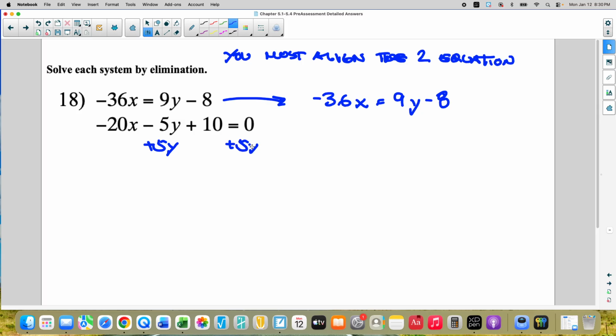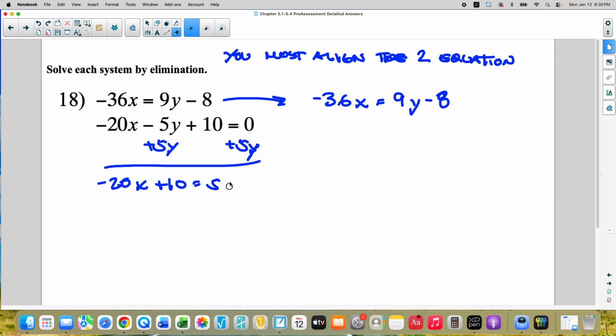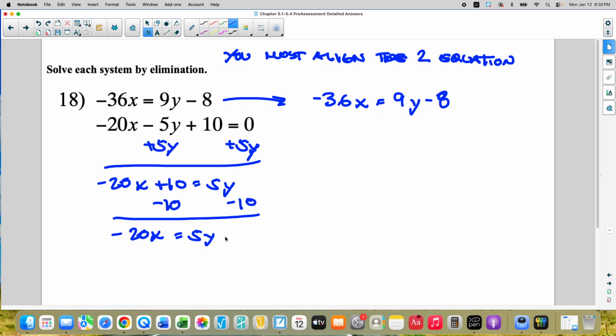I'm going to add the y over. That gives me negative 20x plus 10 equals 5y, that's a y. Bad handwriting. And I'm going to move the constant over, because the constant is on the right side with the y, so I'll subtract 10 from both sides. Negative 20x equals 5y minus 10. Good, so I'll write that. Negative 20x equals 5y minus 10.